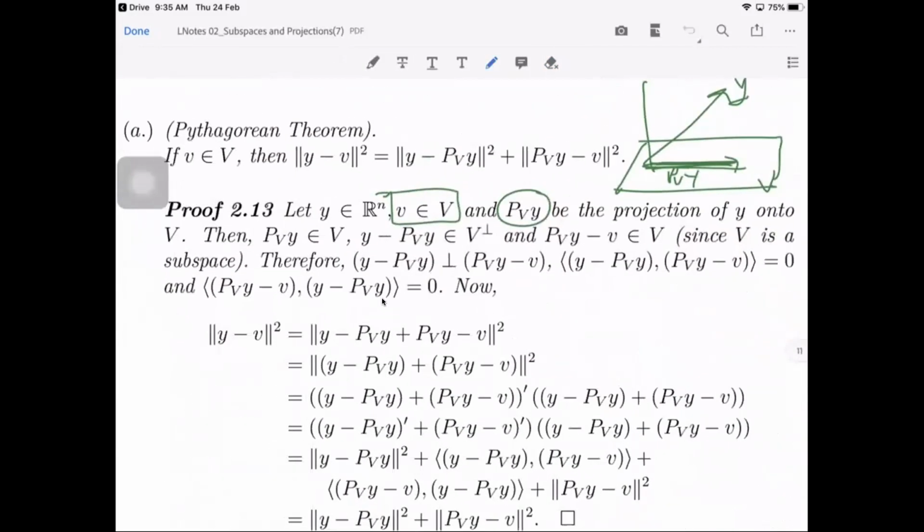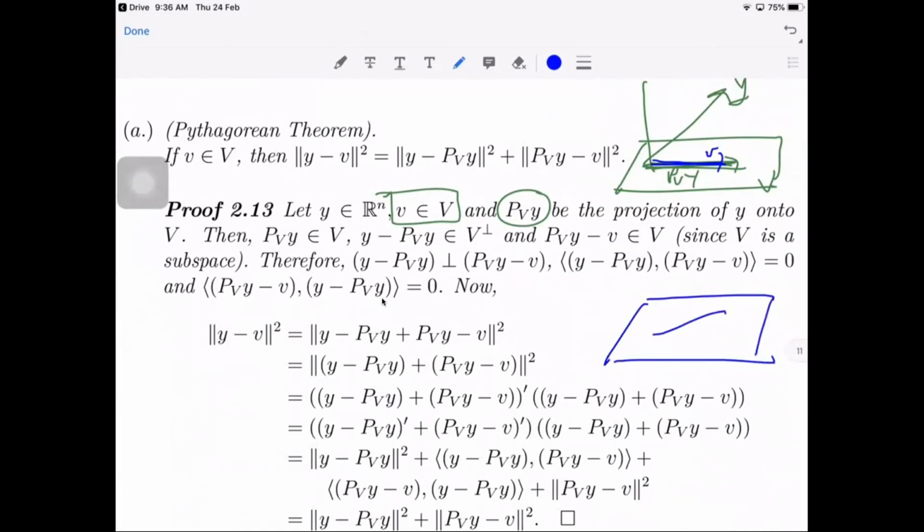Natawag nato V. Napo kay vector diha na V. Not necessarily the projection. You have another vector. So, kung kini mong space, pwede ka na kay vector din na V, na po kay vector din na the projection of y onto V. So, what will be the relationship between a vector in V and the projection of y onto V?